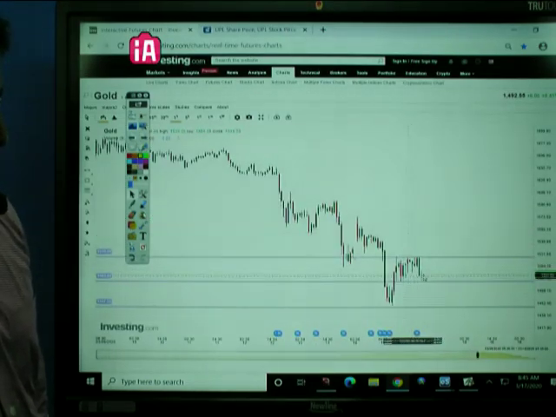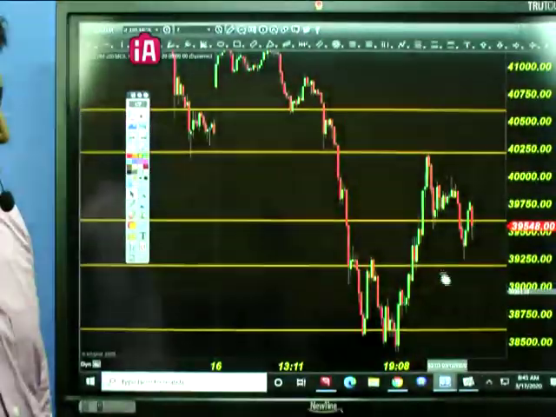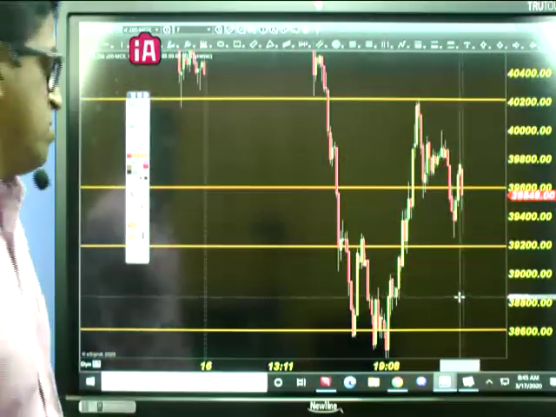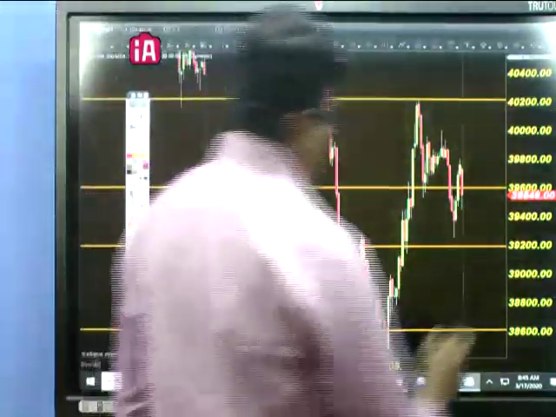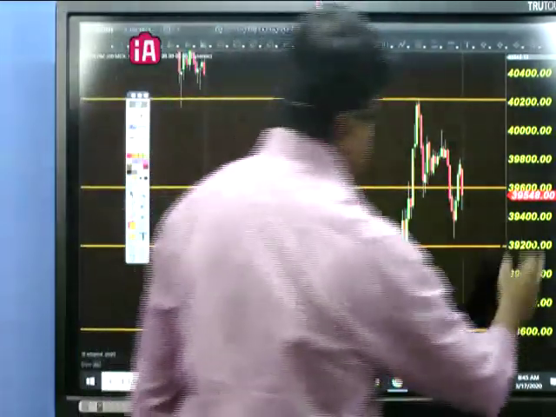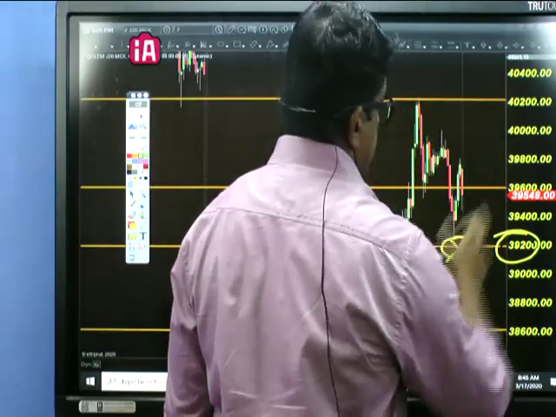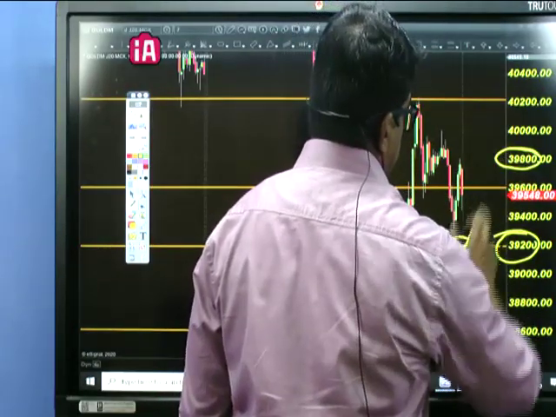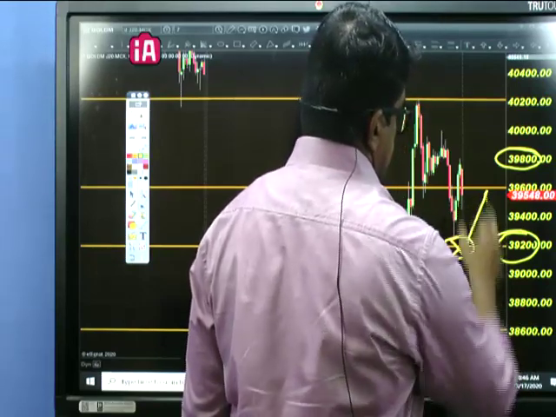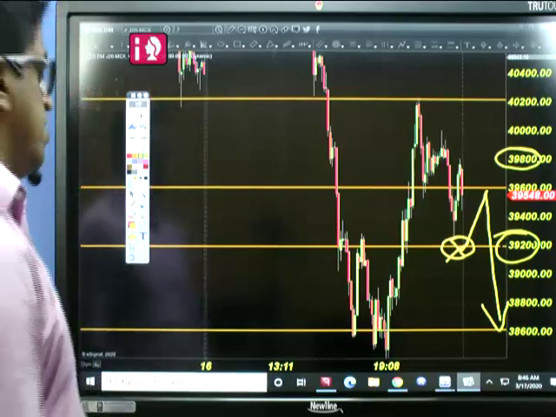So yesterday's price closing will be somewhere here, maybe lower than the yesterday's closing. So gold can open somewhere near 39,200. Fine, gold can open somewhere near 39,200. So here the price can open. So 39,800 the stop, 39,600 resistance. It should come down. Okay, gold can come down today.